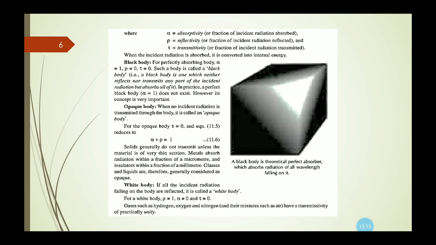But in real life or in practice, a perfect black body does not exist. But there are some bodies in which the absorptivity is almost equal to 1, and those types of bodies are taken as black body in assumption.